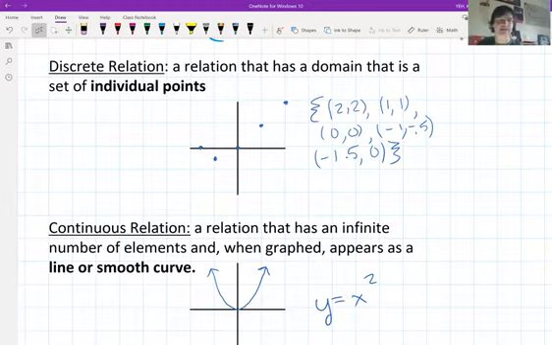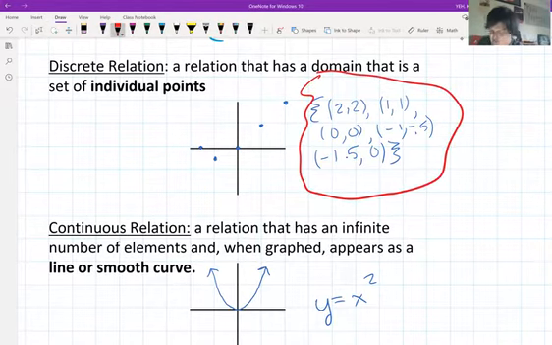Those points aren't connected. We don't draw a line in between them. And over here on the right-hand side of the screen, you'll also notice the relation itself. There's the set. There are all the ordered pairs: (2, 2), (1, 1), (0, 0), (-1, -0.5), (-1.5, 0). So discrete relations have discrete points, points that are not necessarily connected.